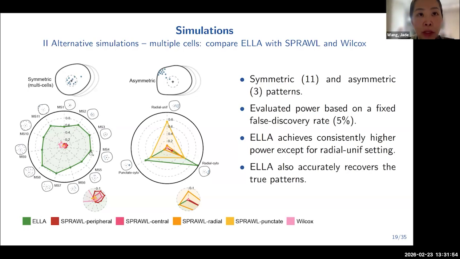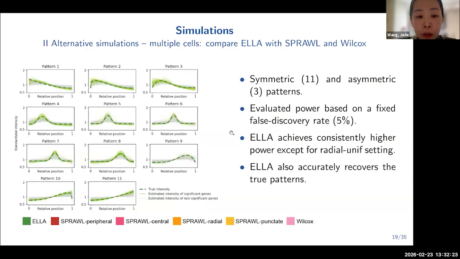We also tested asymmetric patterns, for example radial, polarized, or punctate patterns. Ella performed pretty well except for one radial uniform pattern. That's because Ella is a one-dimensional method. If there's no pattern along this particular radial dimension, then Ella cannot detect it. So that's the alternative simulation across multiple cells.